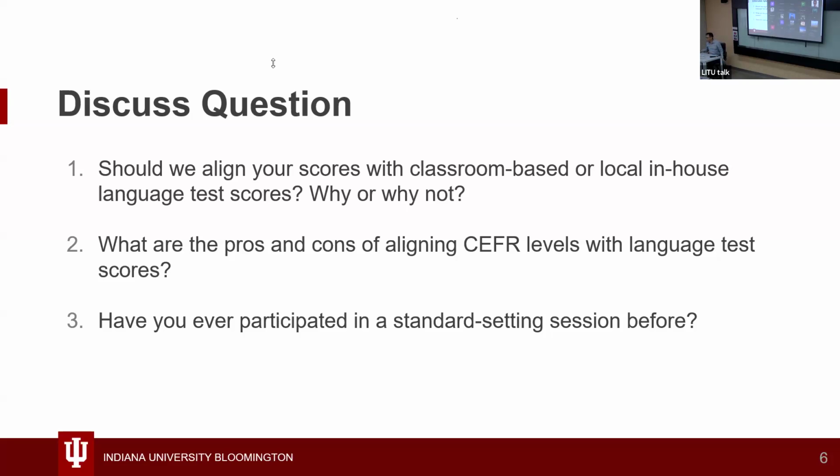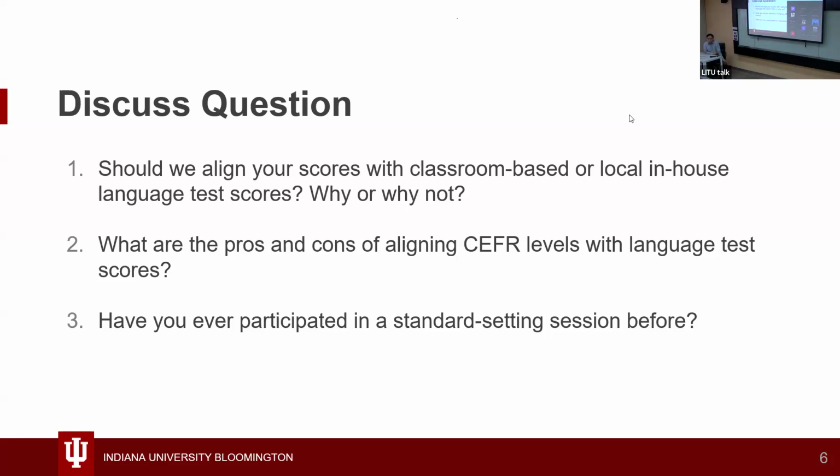What I'm thinking is that we're not teaching all the four skills every time. But then with the CEFR, it's basically they have all the skills in the band, if I'm correct.